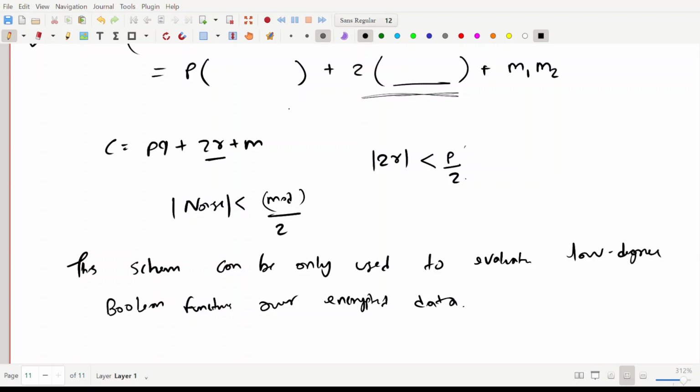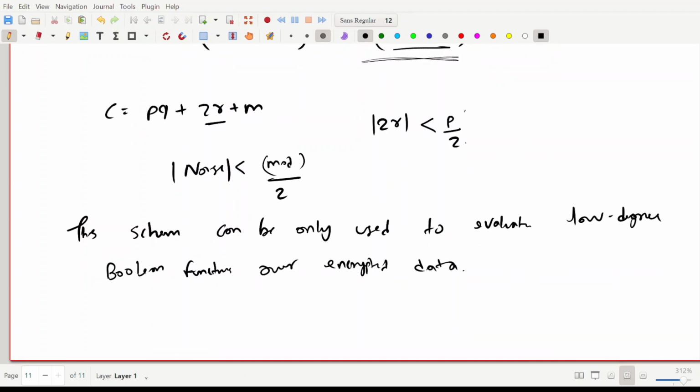Perfect. Okay. So we have to choose some parameters so that this should work. There are some parameters defined which we can later on see.